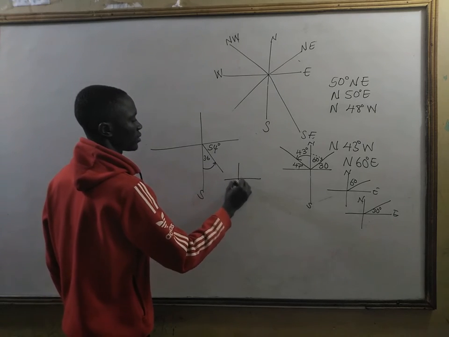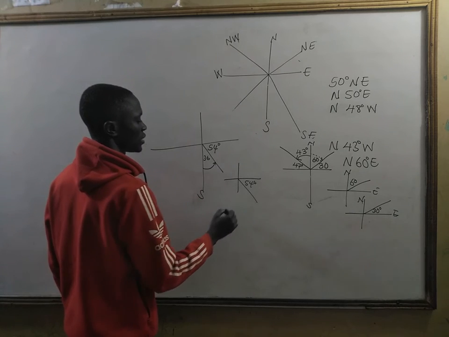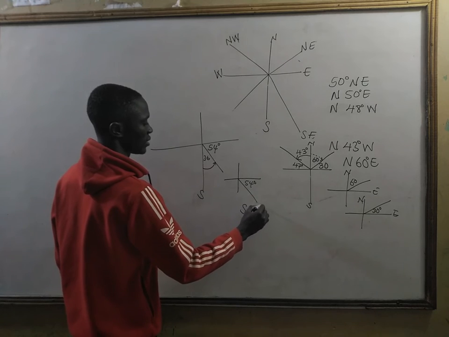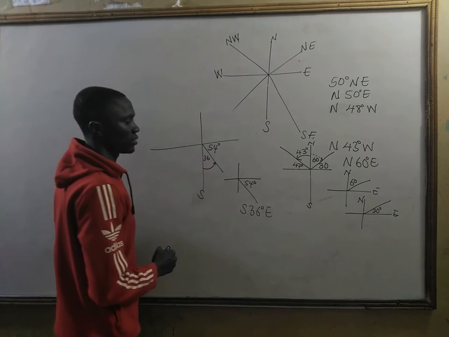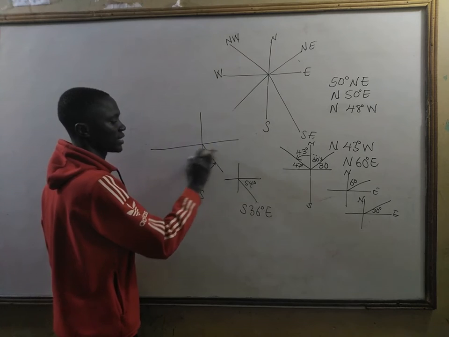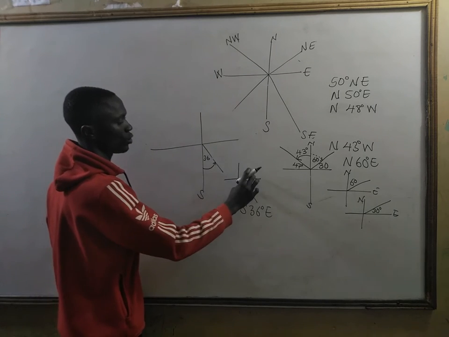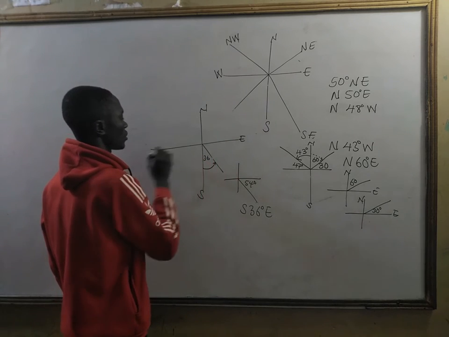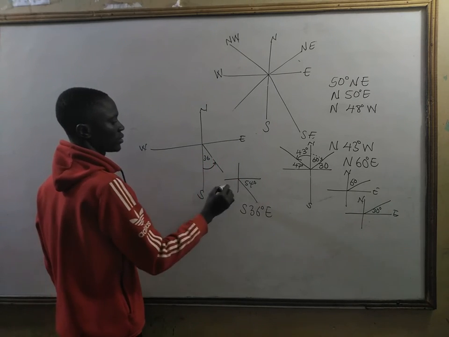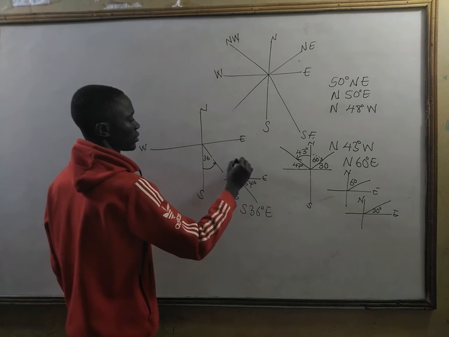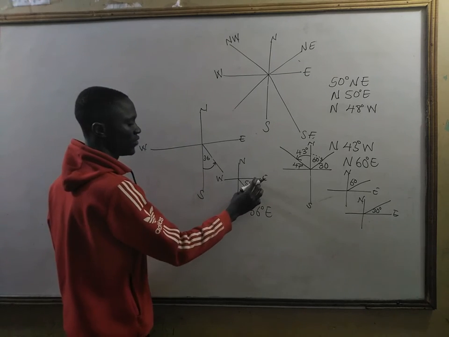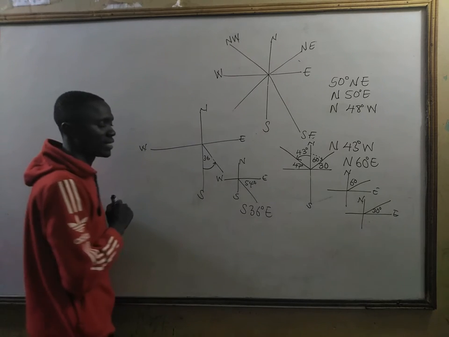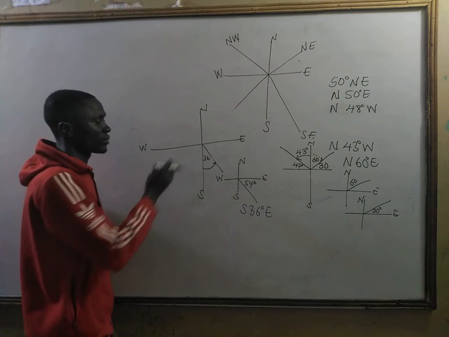This simply means south 36 degrees east. I can draw south 36 degrees east this way or that way. This is the east, north, west. So if it is this way, it is south 36 degrees east, and if it is this way, it is also south 36 degrees east.